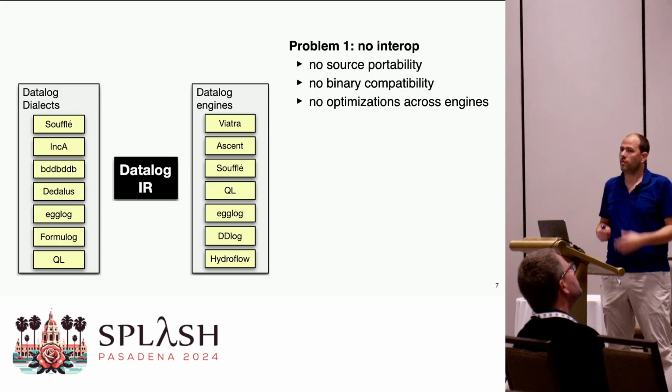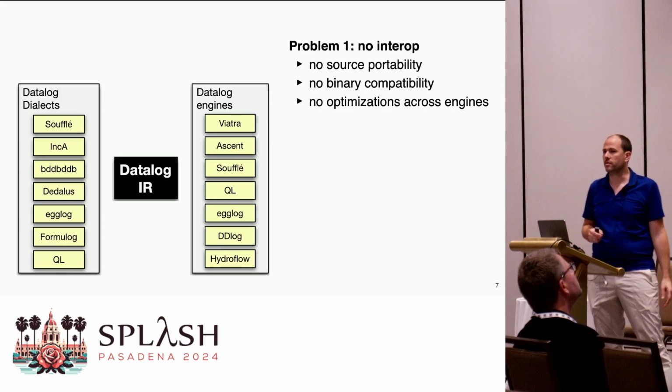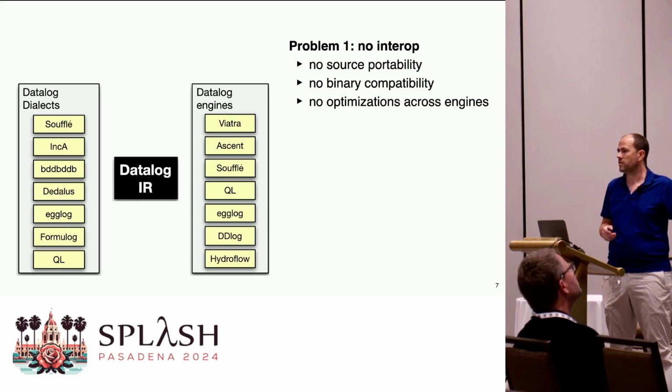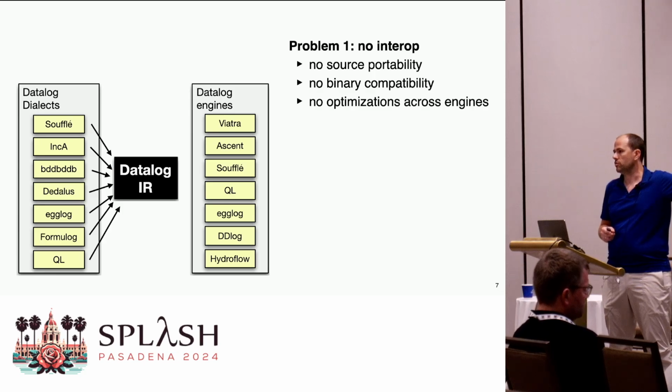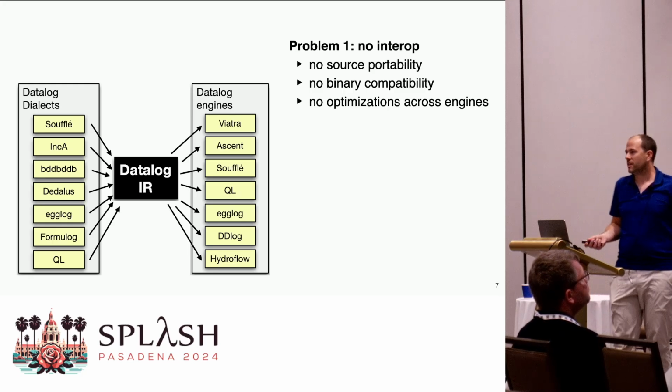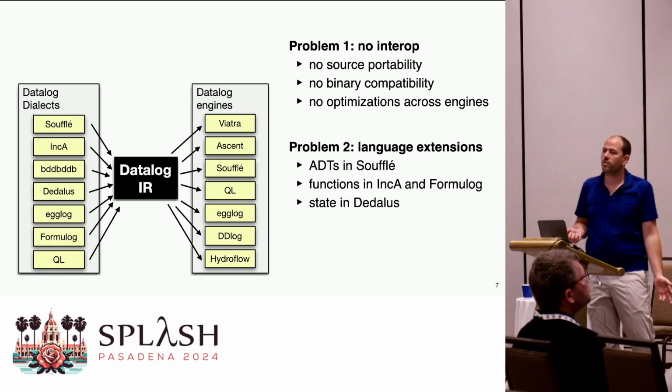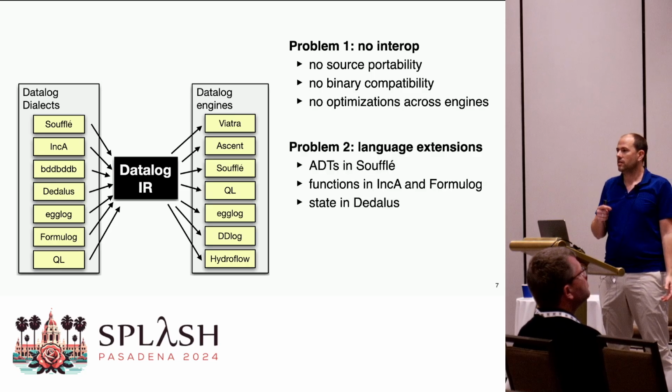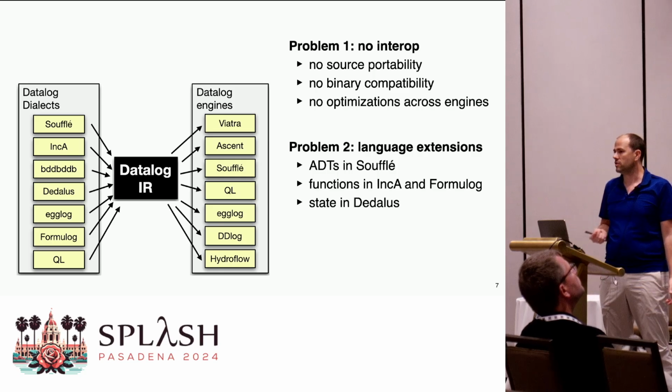And so one of the solutions we know from compiler frameworks is we can design an intermediate representation, the Datalog IR. And then all of the dialects first translate to the IR, and then we translate the IR to all the backends. Okay? But here comes problem two. The second problem is that the Datalog dialects all define custom extensions to Datalog as you know it from textbooks.